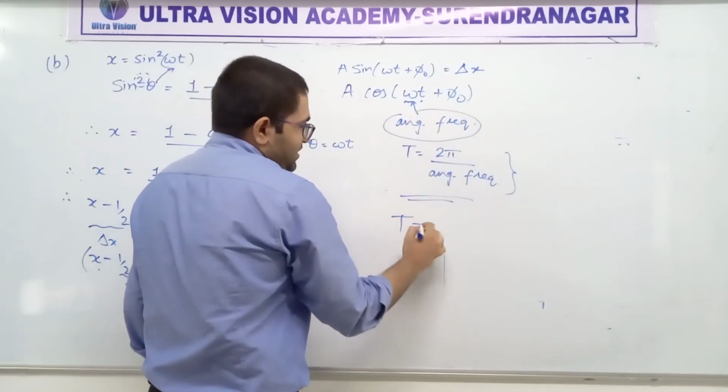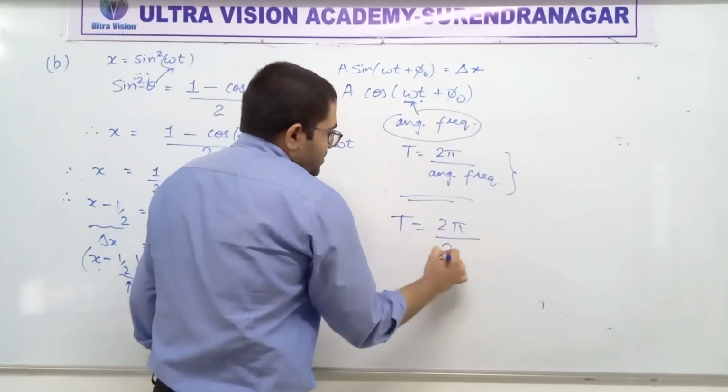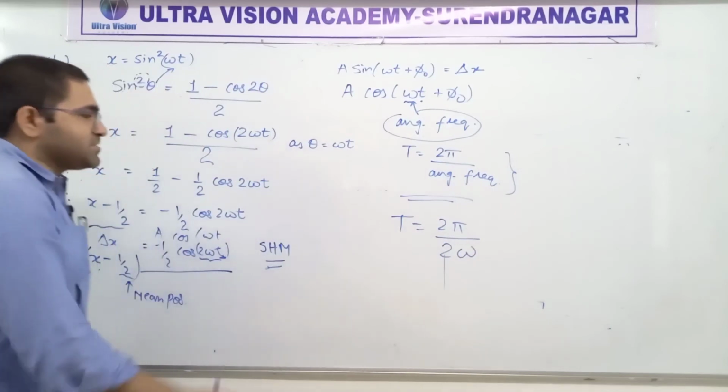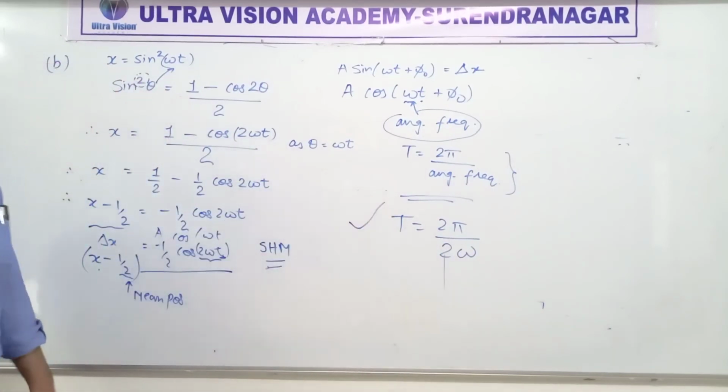So this time period will have the answer 2 pi upon 2 omega. Did you understand this step? T equal to 2 pi upon 2 omega.